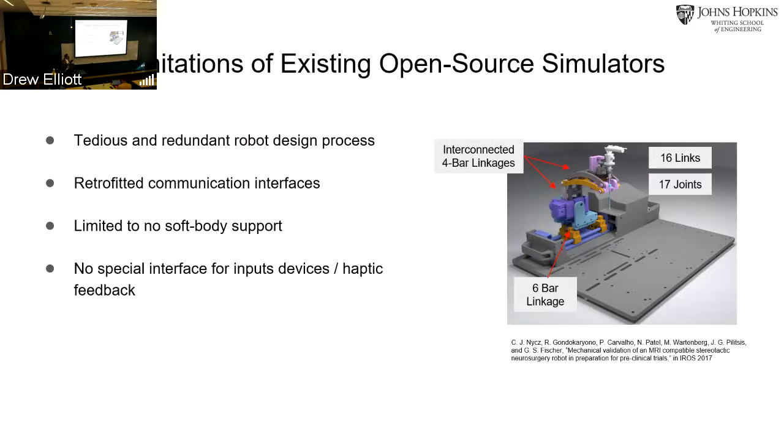In addition to these limitations in simulating surgical robots, both V-REP and Gazebo do not support soft body simulations. Other simulators do to some extent. Neither of these two simulators has support for input devices out of the box. You could add input devices later on, but they don't have any special kind of support for haptic feedback.